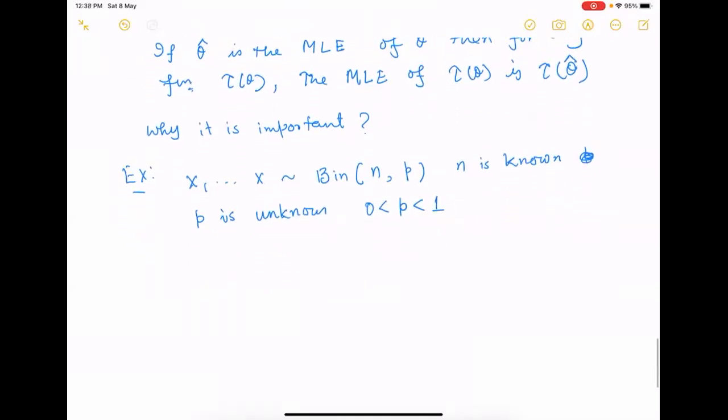One can show, I'm leaving it as homework, that p hat equal to summation xi over n is the MLE of p.